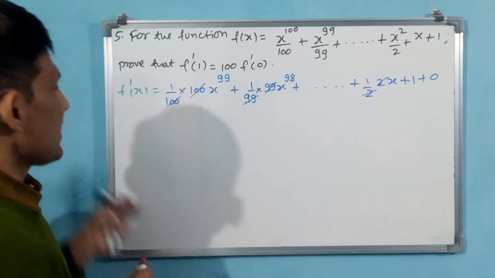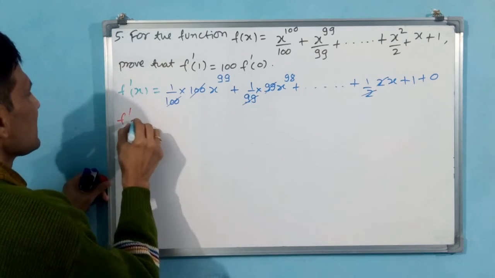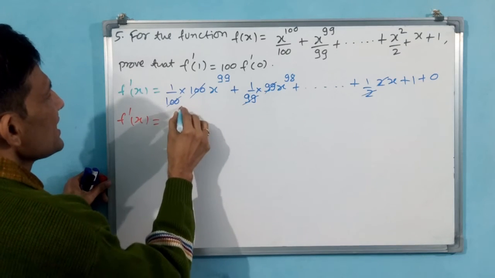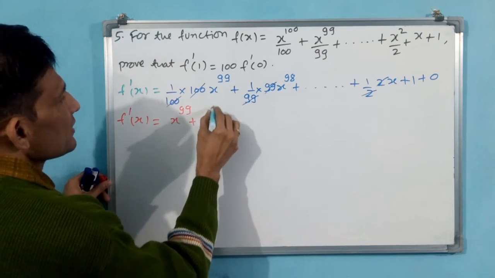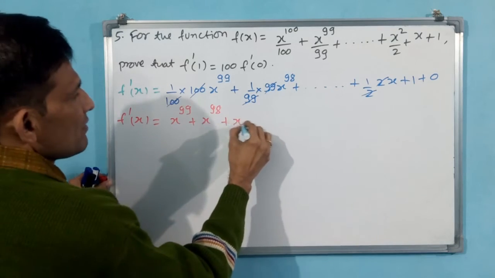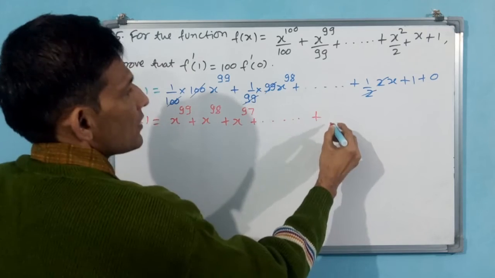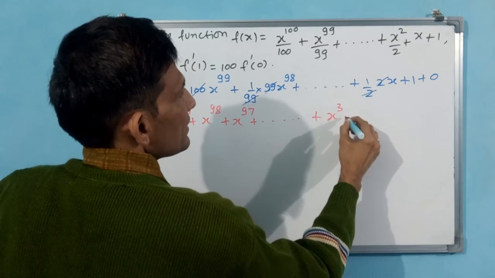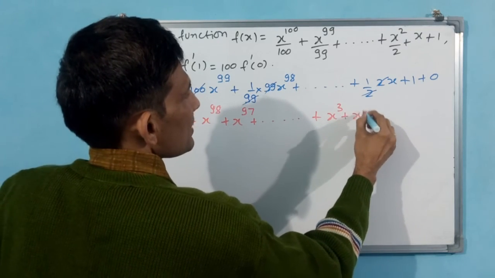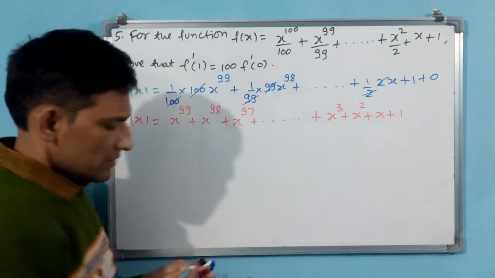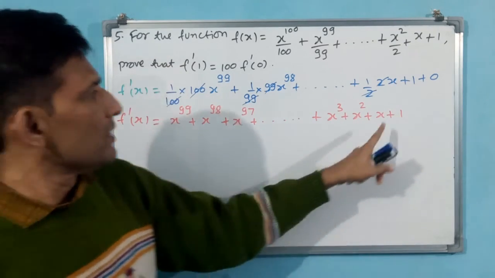Then finally what is going to become? f dash x is x power 99 plus x power 98 plus x power 97 plus x power 3 plus x square plus x plus 1. Okay? Like this it is going to become.